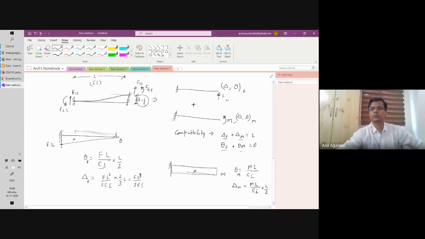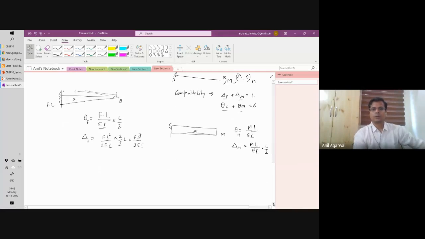Correct? This is where the centroid is. Fine. So now all I have to do is apply the compatibility conditions. The first one is theta F plus theta M is equal to 0.